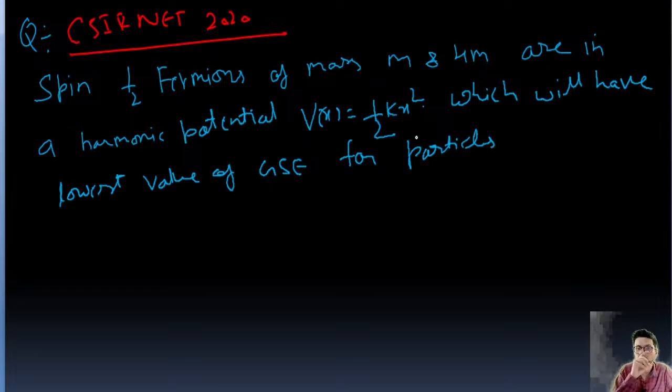Okay, so spin half fermions of mass m and 4m are in this harmonic potential, which will have the lowest value of ground state energy for the particles.